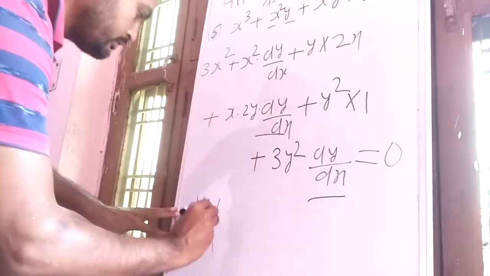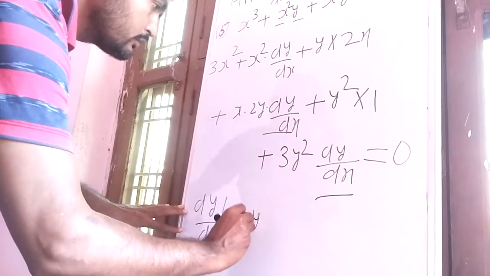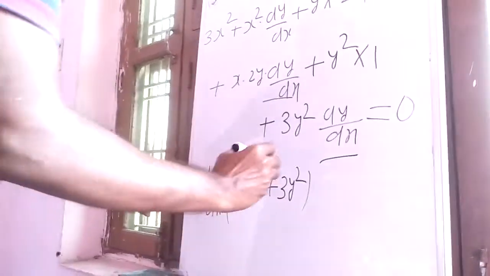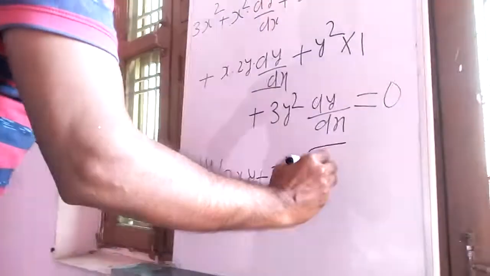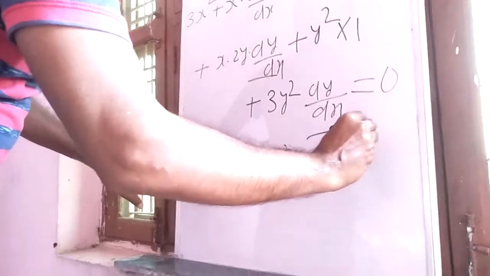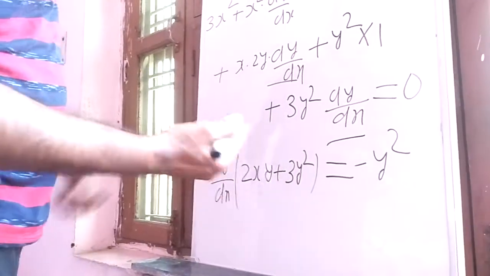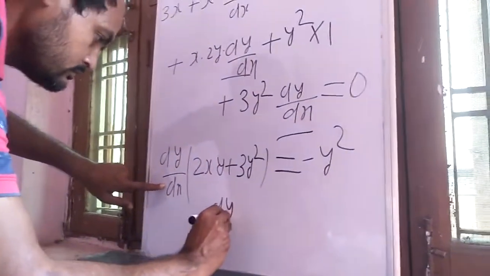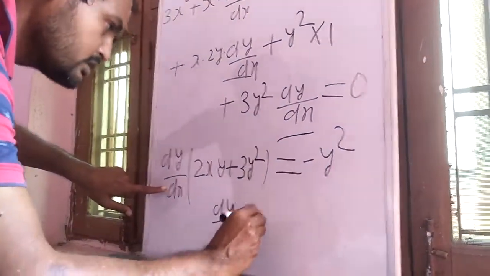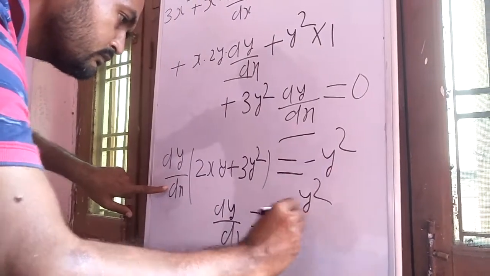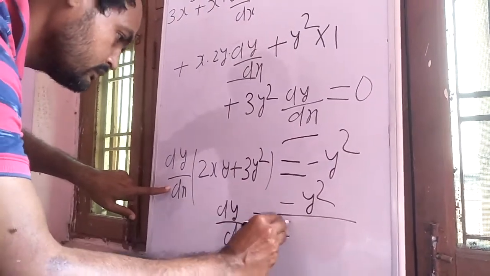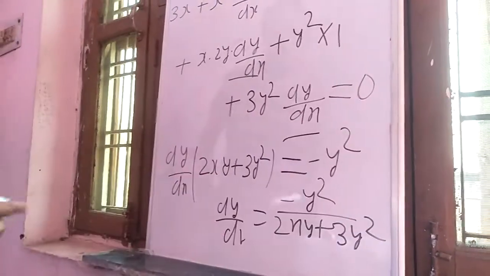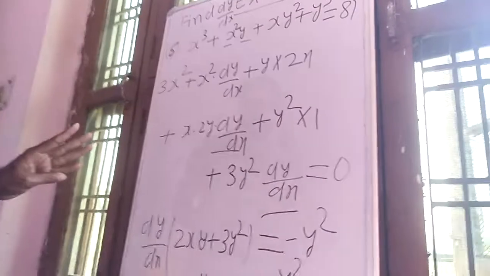This is x square plus 2xy plus 3y square, or this is minus y square, or just a single term, it means dy by dx equal to minus y square upon 2xy plus 3y square. Okay, this is clear.